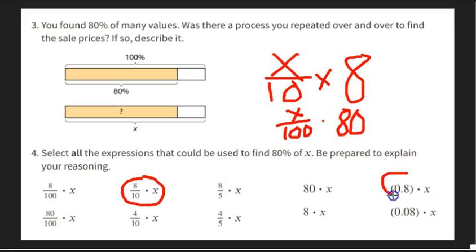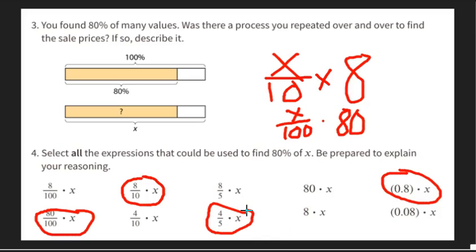Let's see what else. 8/10 here. 80 over 100. Yep. And actually 4/5 of that would work as well, right? Because 80 hundredths could reduce down to 4/5. So any of those would work to figure it out.